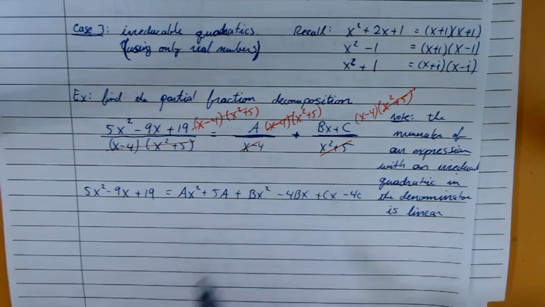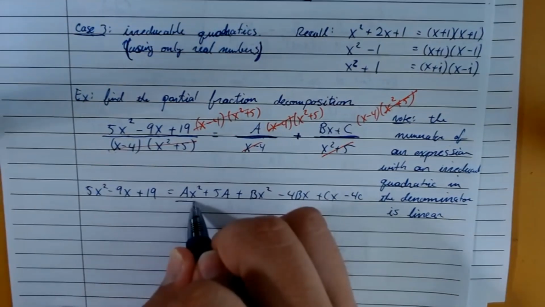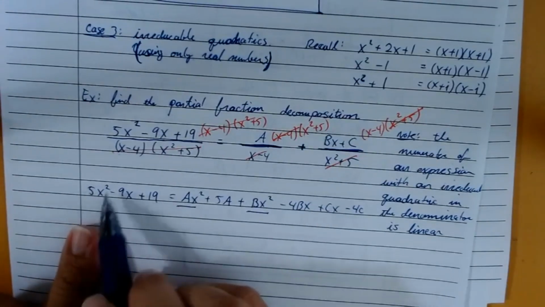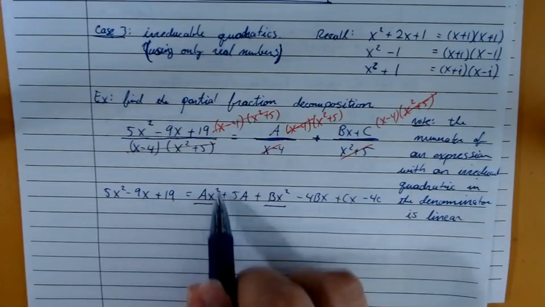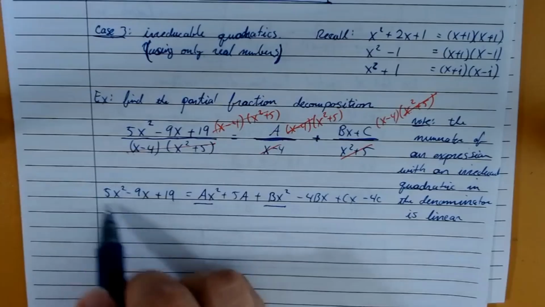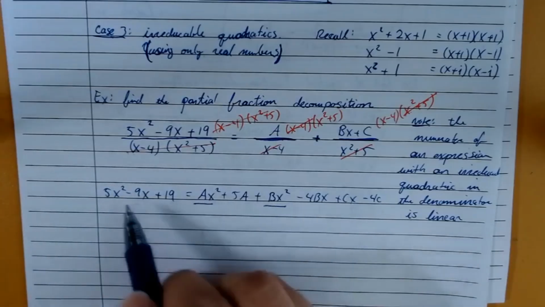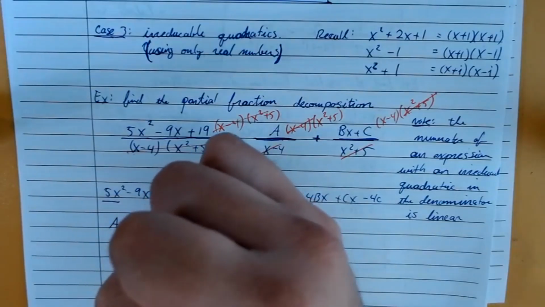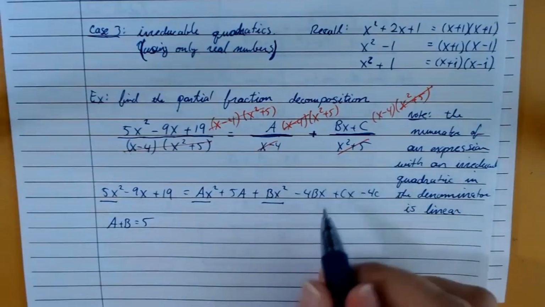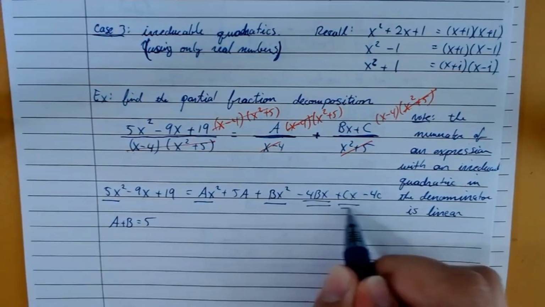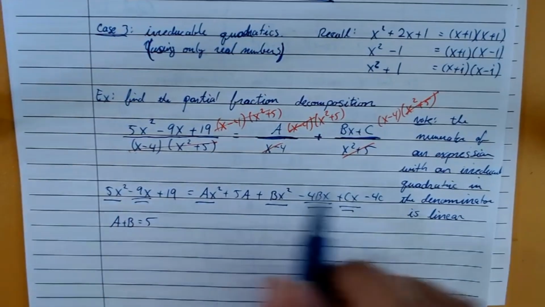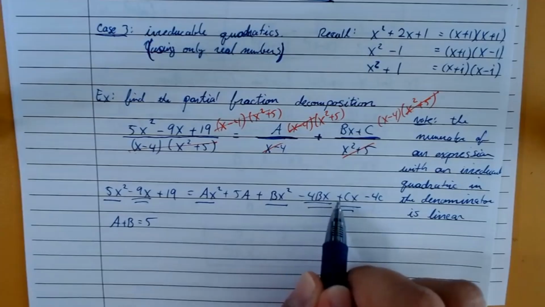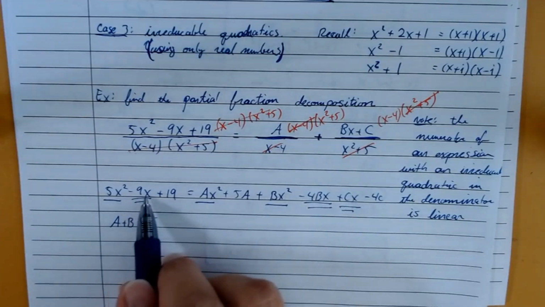So now we can set up our system of equations. Notice I have a quadratic expression there, and those two would have to come together to give me 5x squared. Ax squared plus bx squared must equal 5x squared. So a plus b must equal 5. My linear terms have to come together to give me my linear term. Negative 4bx plus cx must equal negative 9x.